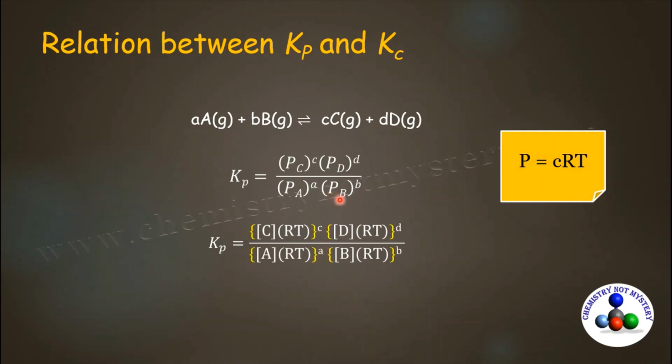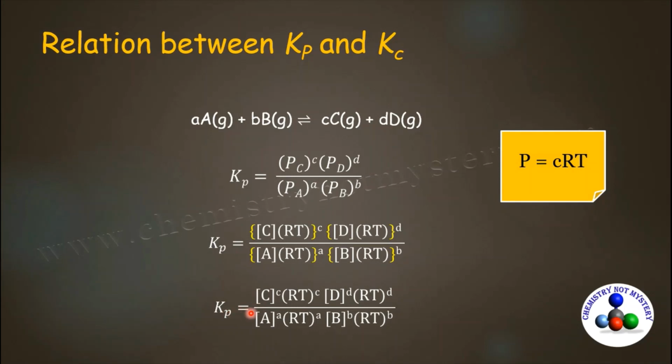And for the partial pressure of B, you will get concentration of B multiplied by RT whole raised to power b. Now open the bracket. So you will get Kp is equal to concentration of C raised to c multiplied by RT whole raised to c, multiplied by concentration of D raised to d multiplied by RT whole raised to d, divided by concentration of A raised to a multiplied by RT whole raised to a, multiplied by concentration of B raised to b multiplied by RT whole raised to b.